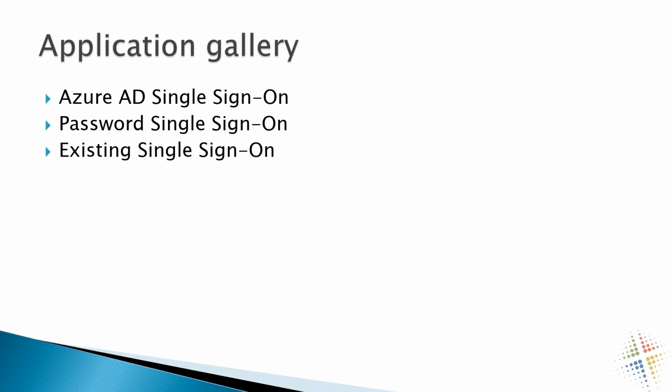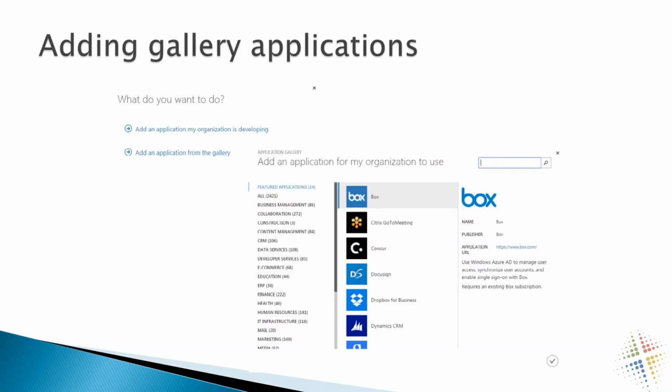Probably some of the most common ones are storage applications, such as Box.com or DocuSign. It's a very, very popular one that's used for signing of documents. There's tons of applications that are out there on the cloud. Why do I have to have them in-house when I could just point to them?